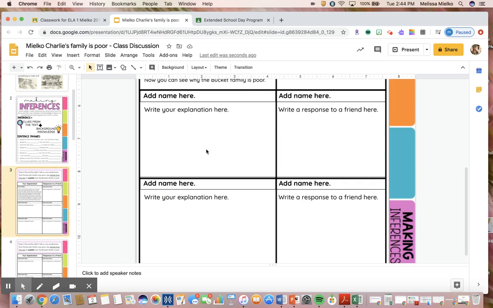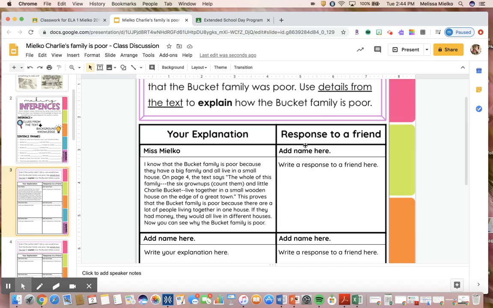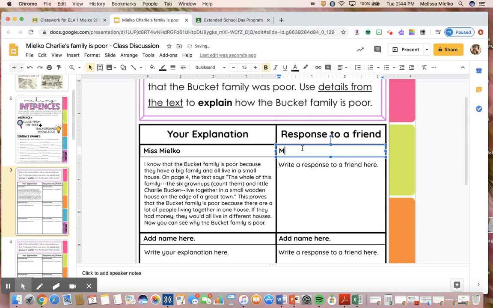So, if I were a classmate, let's pretend I'm Miss Peters, I might say, I agree with Miss Mielko because living in a small wooden house with 7 people might get crowded very easily.